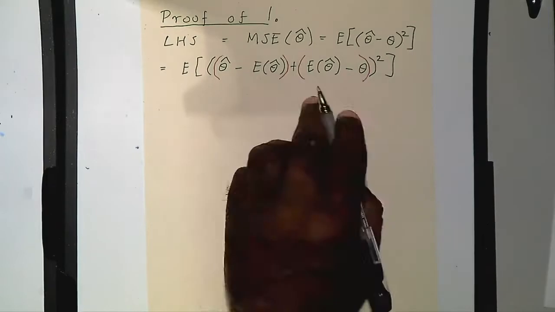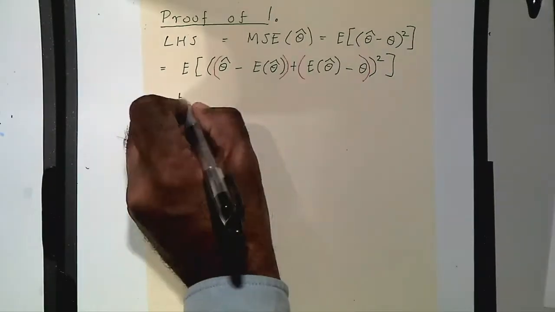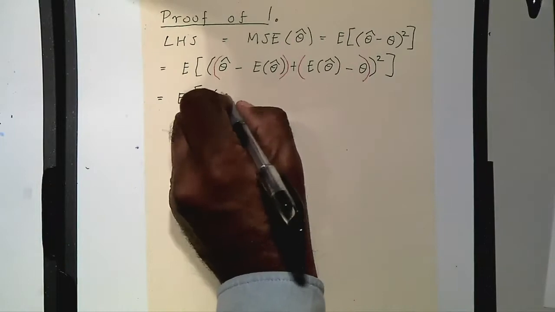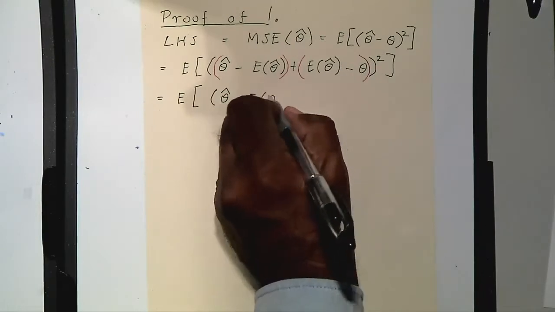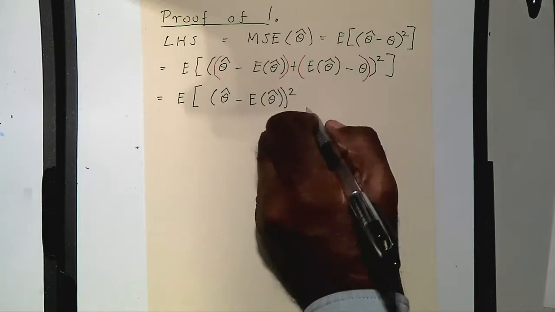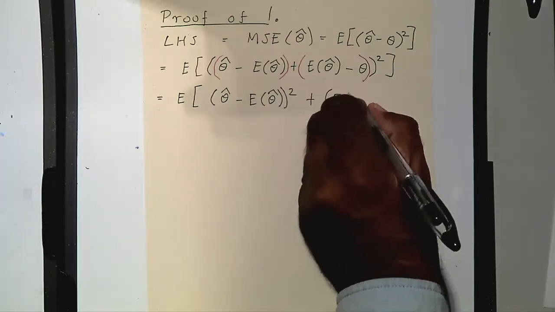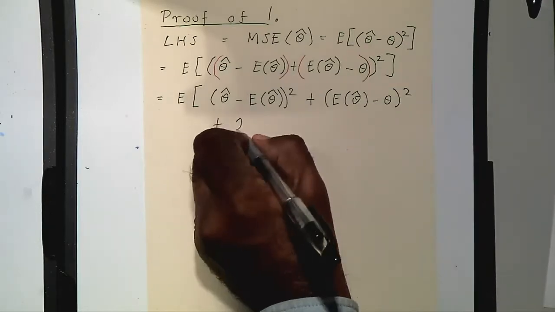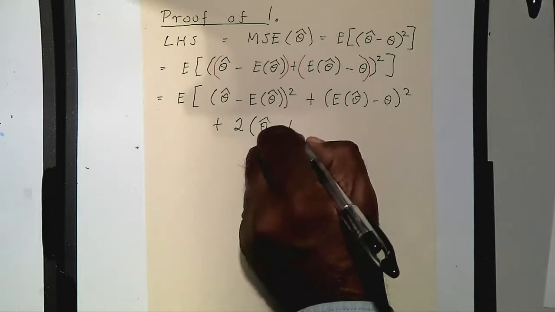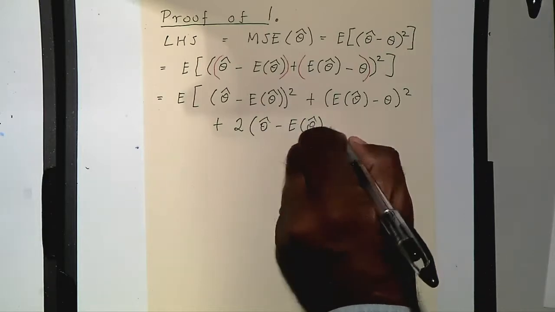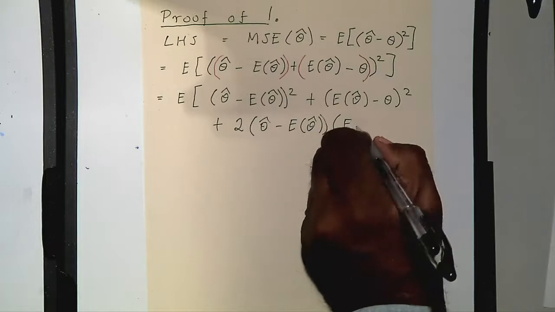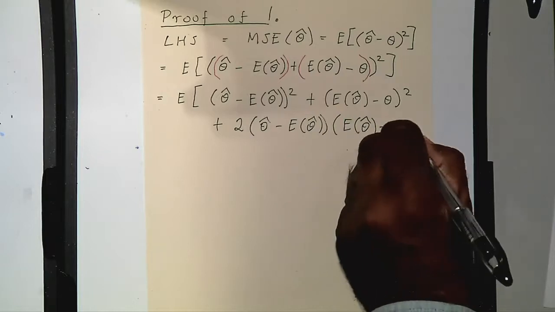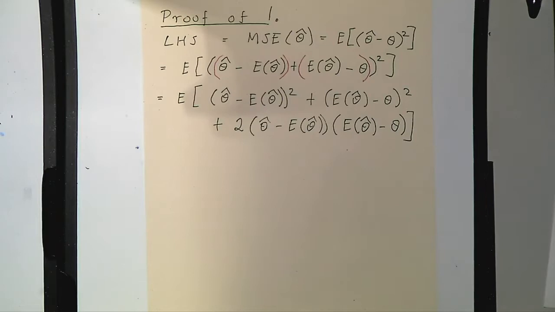Now I'm going to use the expansion for (a plus b) squared, which is a squared plus b squared plus 2ab, and take the expectation.